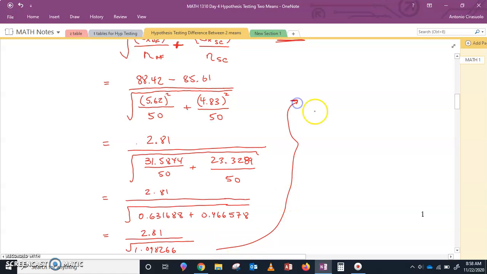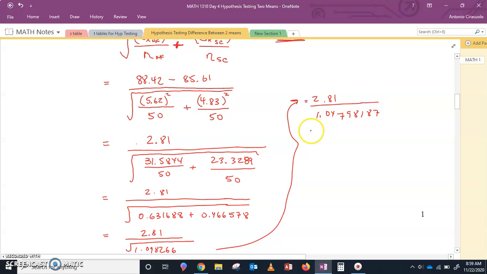Let me move that up here so I don't run out of room in this page. That then gives us 2.81 divided by 1.04798187.